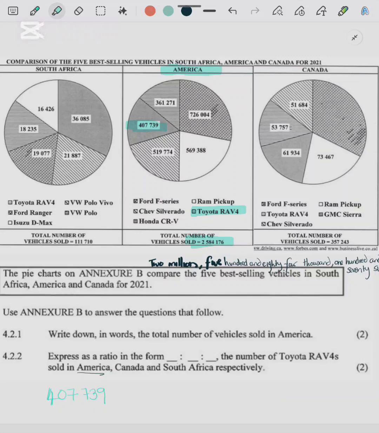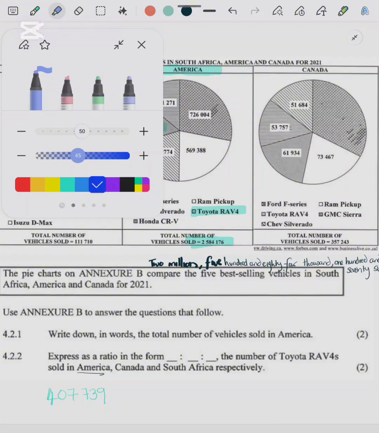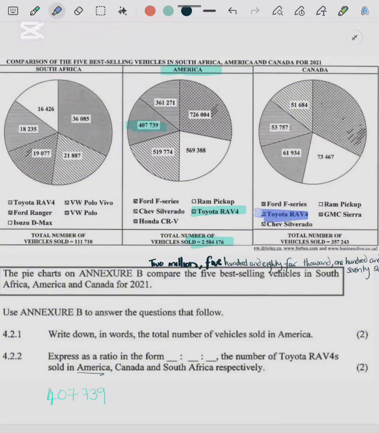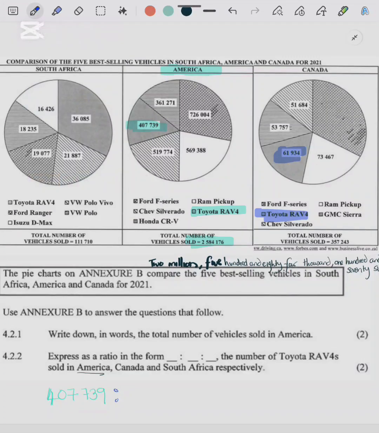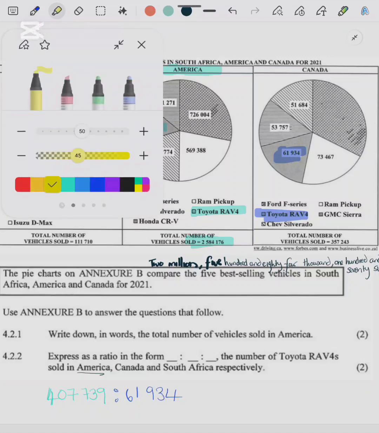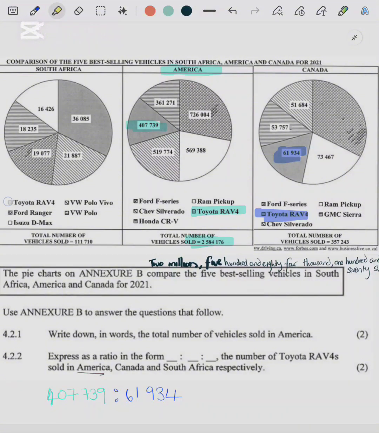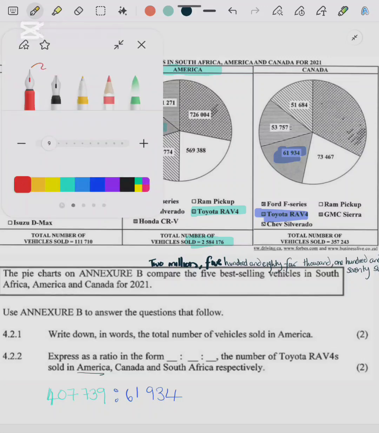Then we need to go to Canada. Canada's RAV4s are over there, and I'm going to write that in the next place in my ratio. So Canada is 934. And then the last one is going to be South Africa, which is 36,085.